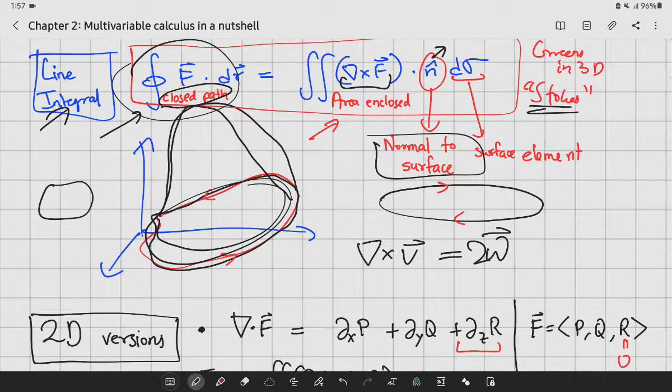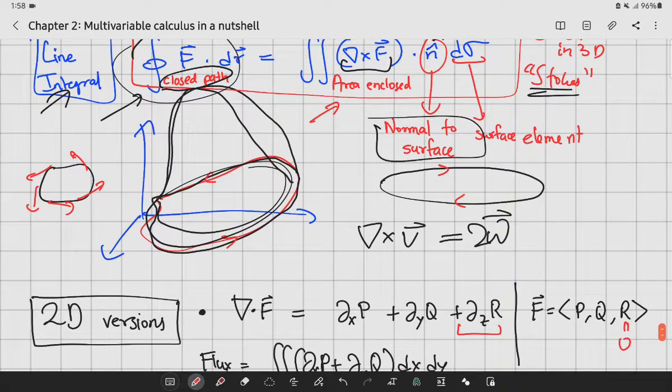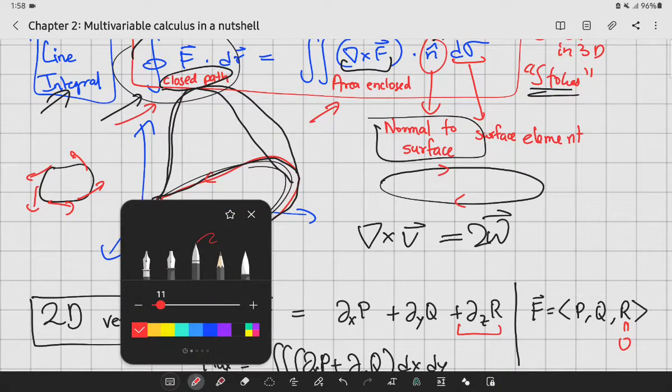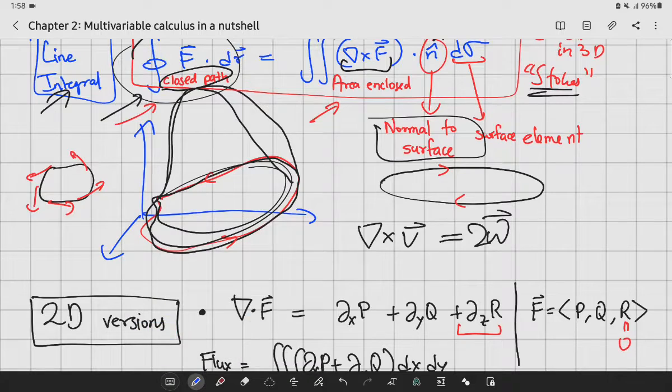And if you have a vector field that goes something like this, you can see that this quantity will be positive. You can imagine that these are the tangent vectors to the curve, like this, and you take the dot product between the tangent and the field itself.